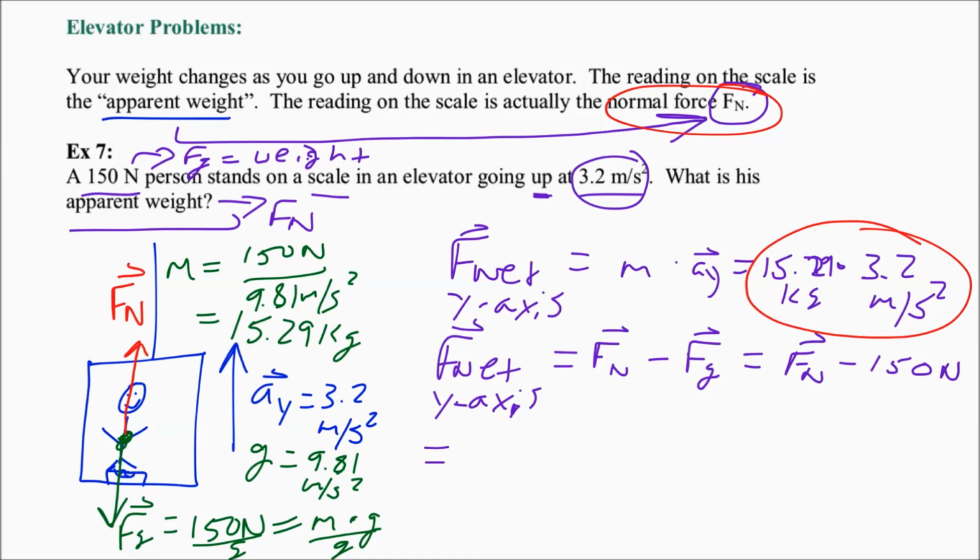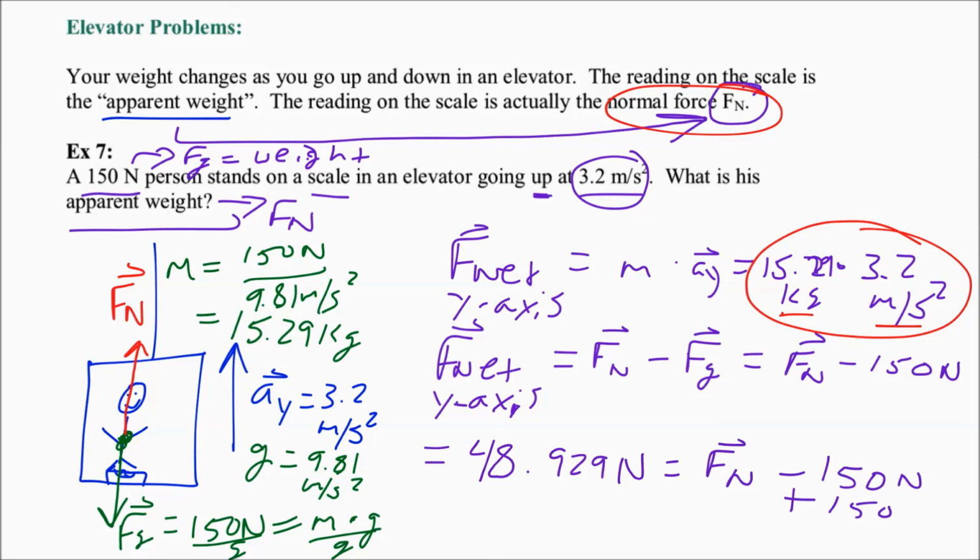Okay, so I'm getting 48.929, and so on and so forth. And then let's see here, we've got kilograms times meters per second squared. That's going to be a force, so that means the unit here is newtons, is equal to the normal force minus 150 newtons. So that means that I need to add 150 newtons to both sides so that I can figure out what that normal force is.